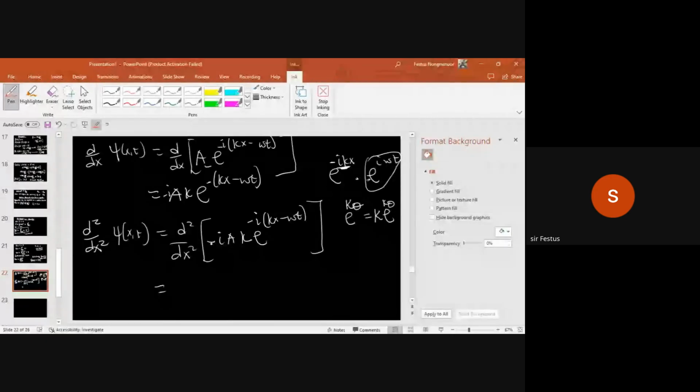The A will remain, then the k comes down and multiplies another k, so we have k square. Then you repeat the function itself, e to the power minus i kx minus omega t.